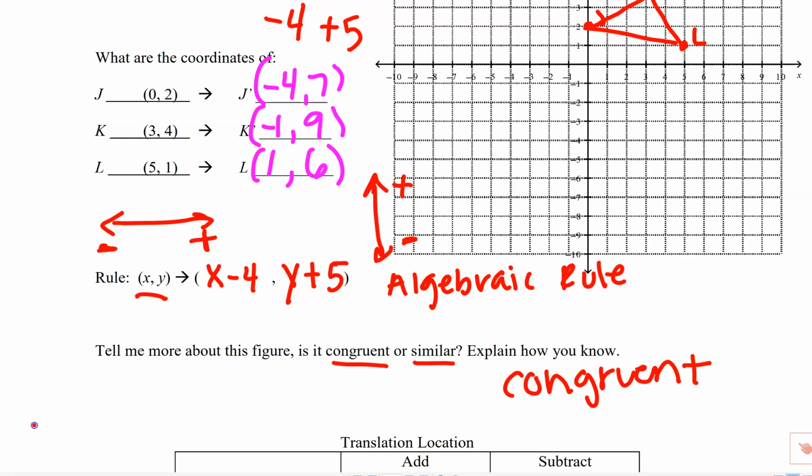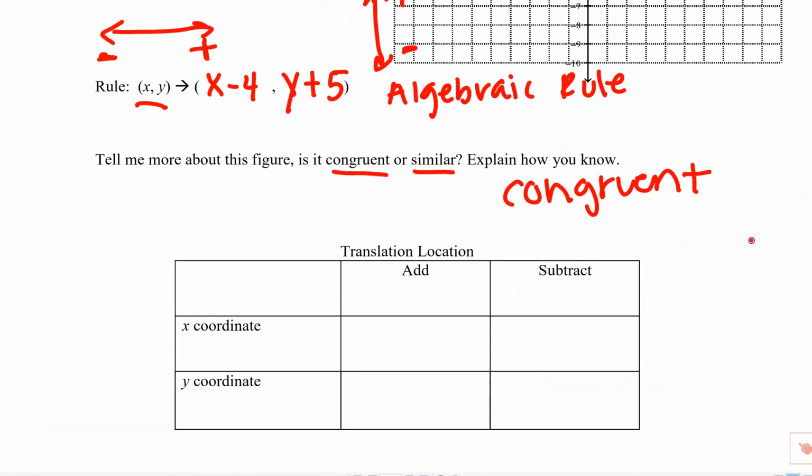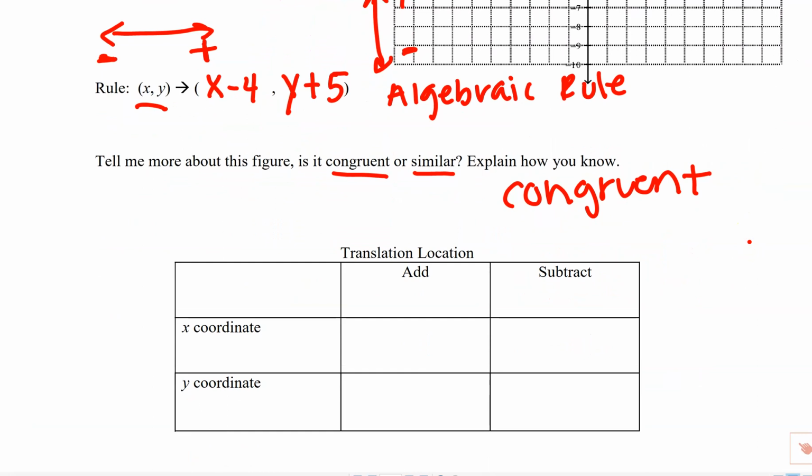So you're still congruent. Here's a little table to help you remember your translation rules. On the x-coordinate, like I was saying, if you go to the right, it's a positive. If you go to the left, it's a negative. On your y-coordinate, if you go up, that's a positive.